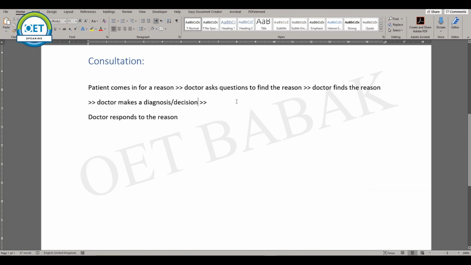And then after that, the doctor responds to this reason to say yes or no, or a different one, or the same one that the patient wants, or whatever. So basically, it's like you go to a shop to buy something, then you get it, and then you come out. So it's the same way here.